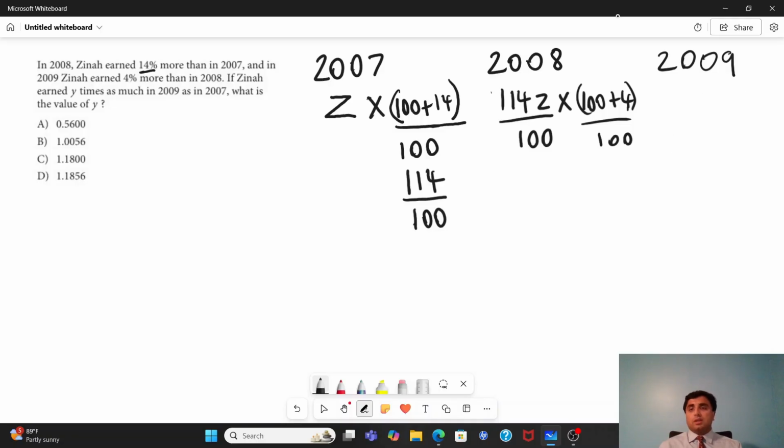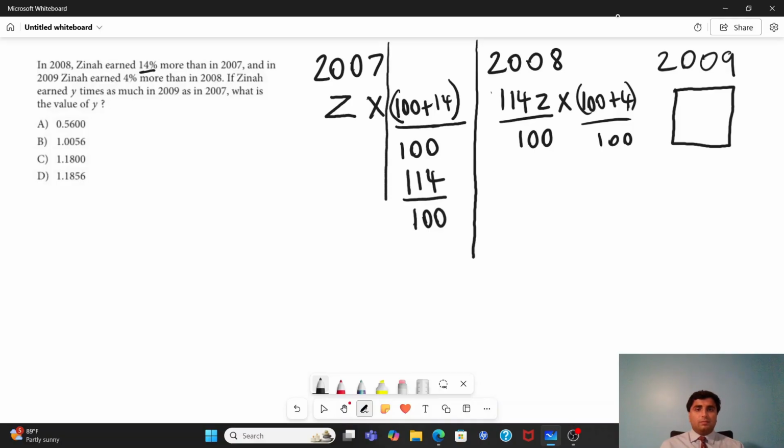Actually, my drawing is not that good. Let me draw a box, and let me draw a vertical line right here, just to avoid any type of confusion.